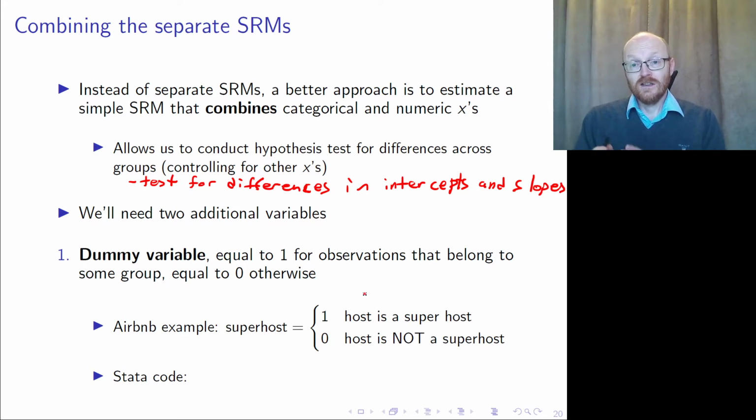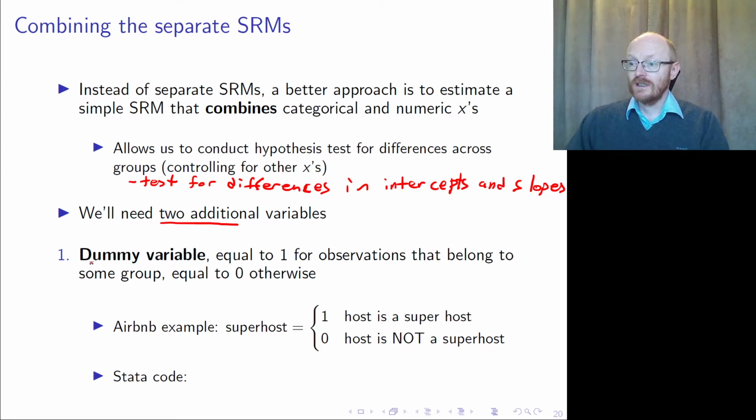If you only have these simple regression models, you don't have a test to say that the intercepts or slopes are different. But if you combine this model into a multiple regression model, then you can actually test for differences in intercepts and in slopes. So what we need is to create two additional variables.